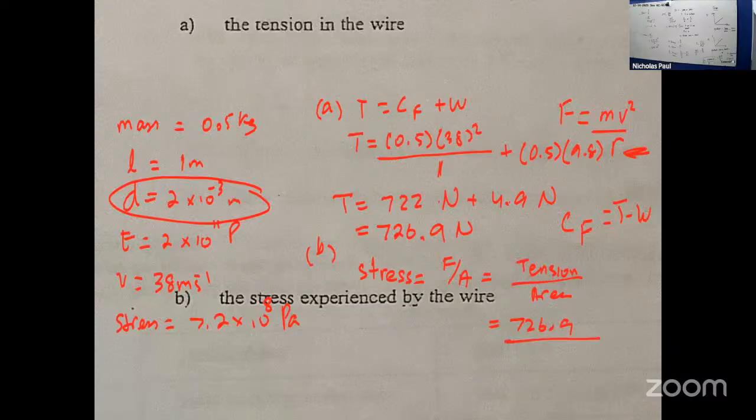How do we get the area? Remember, you're using this to get the area: pi r squared, right? So that would be pi by 1 by 10 to the minus 3, squared. Any answers?